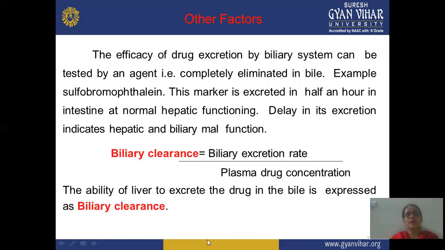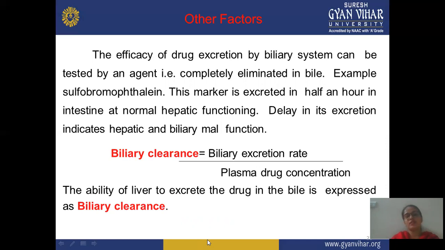And another factor of biliary excretion is efficacy. Excretion of a drug by the biliary system can be tested by an agent that is completely eliminated in bile. An example, sulfobromophthalein, is used as a marker. We check how much drug is excreted by the biliary route.